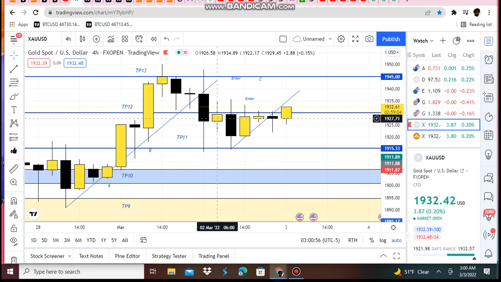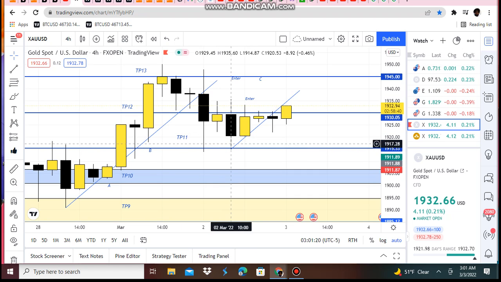Take profit 11. Then price heads back up. We see wicks above. When you see wicks above one time, two times, three, four times at take profit 13, this lets us know that price doesn't want to break above take profit 13, and it goes all the way down to take profit 11. Goes past take profit 12 and goes to take profit 11.